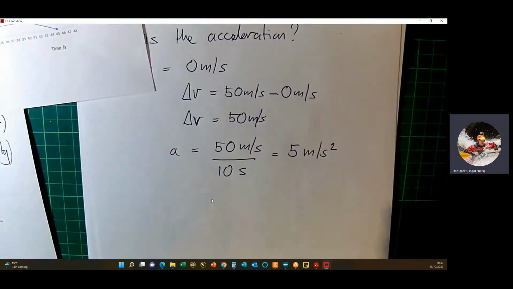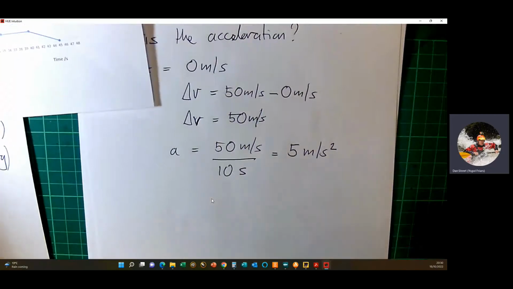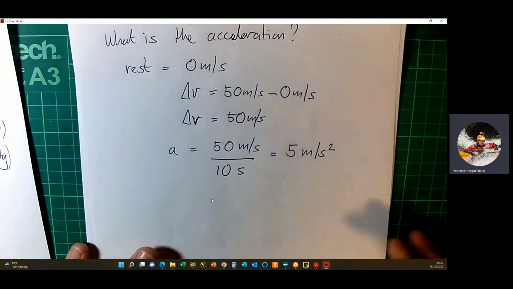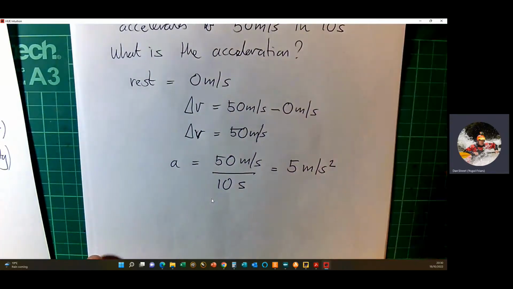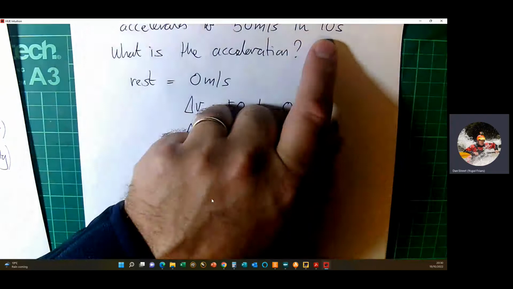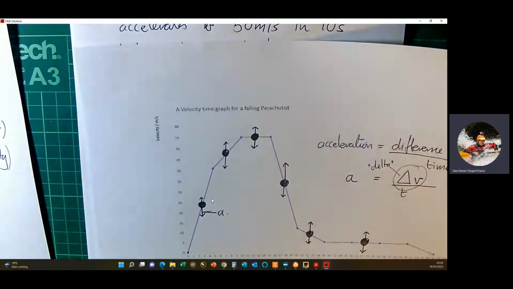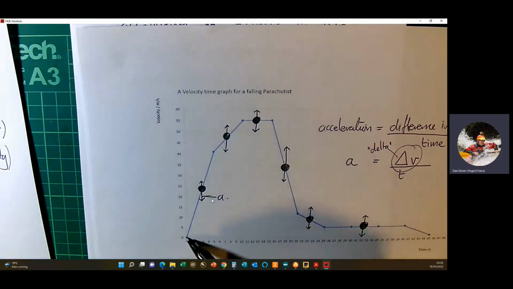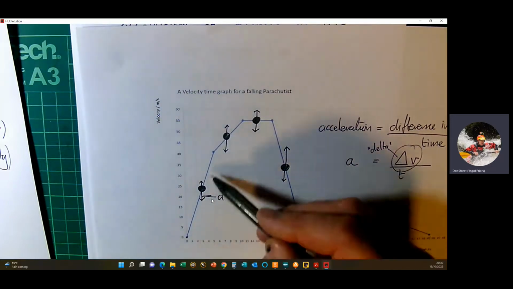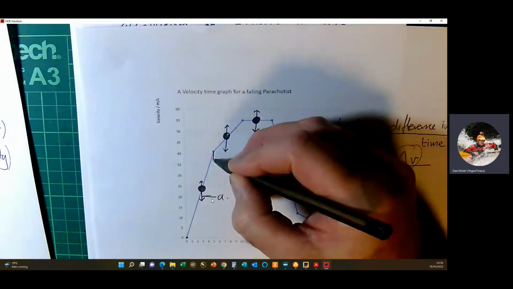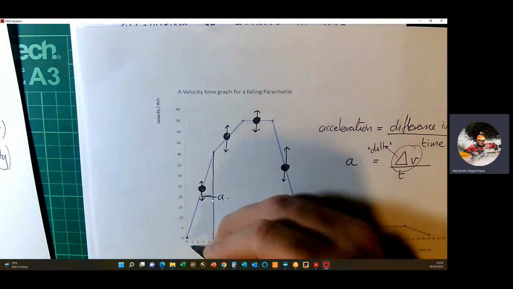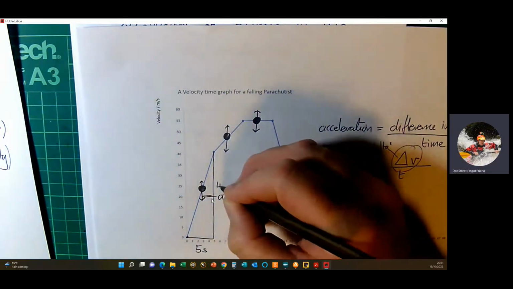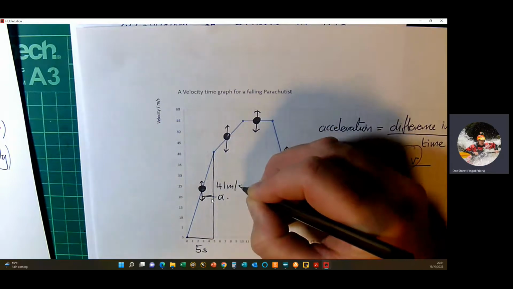Okay, so that's using an equation that you're given in the exam to find out an acceleration, in slightly unusual circumstances, in as much as the object is starting from rest. So if we go back to our graph, that's this part of the graph here, because the object starts at 0 meters per second and accelerates to 41 in a period of 5 seconds. For the sake of practice, okay, so this is 5 seconds, this is 41 meters per second.